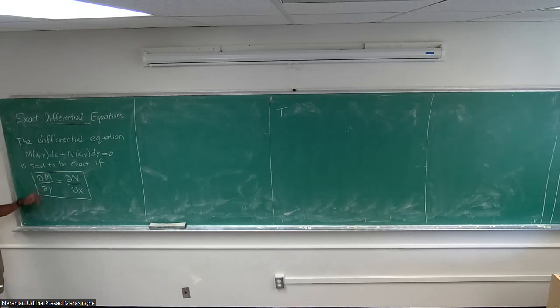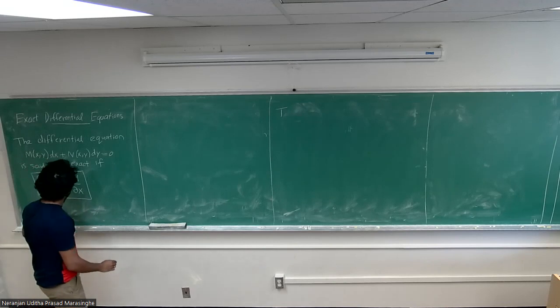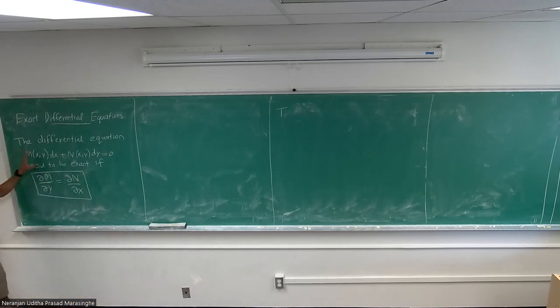Here, for M we are taking the partial derivative with respect to y. I will give you an example, but this is the idea. We have a differential form like this, and this condition should be satisfied.